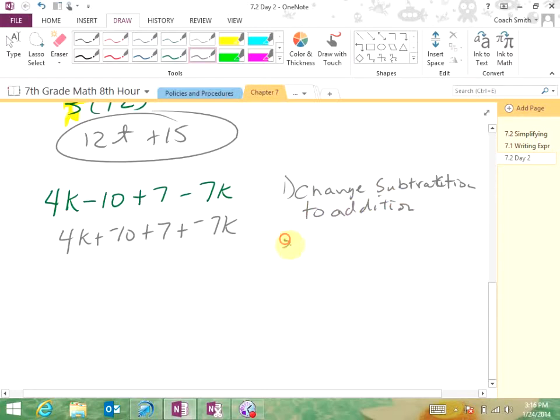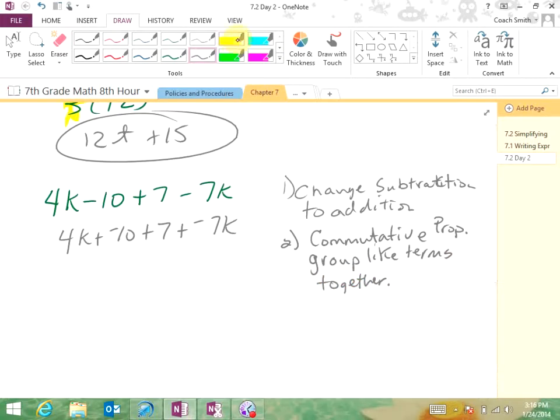Step 2 is use the commutative property and group like terms together. So step 1 was here.